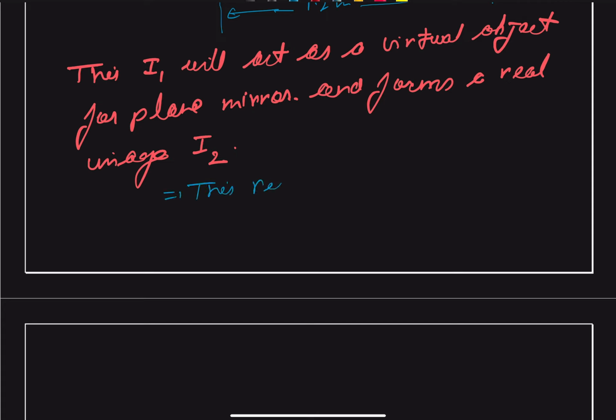This real image I2 acts as an object for the lens.